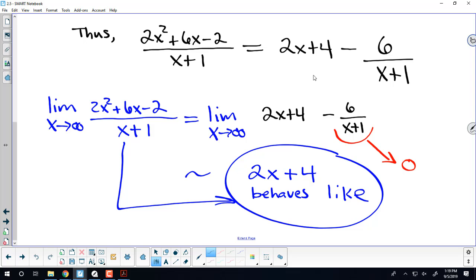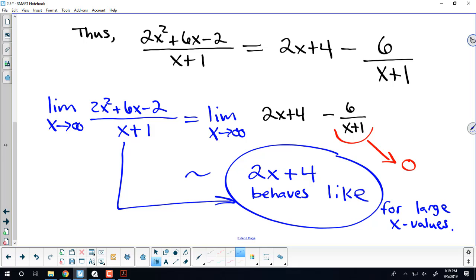So this function behaves like 2x plus 4. We should say this is for large x. So that was the example we ended on.